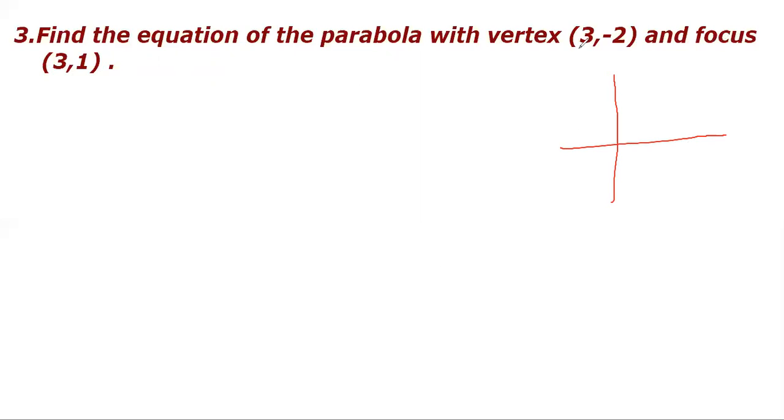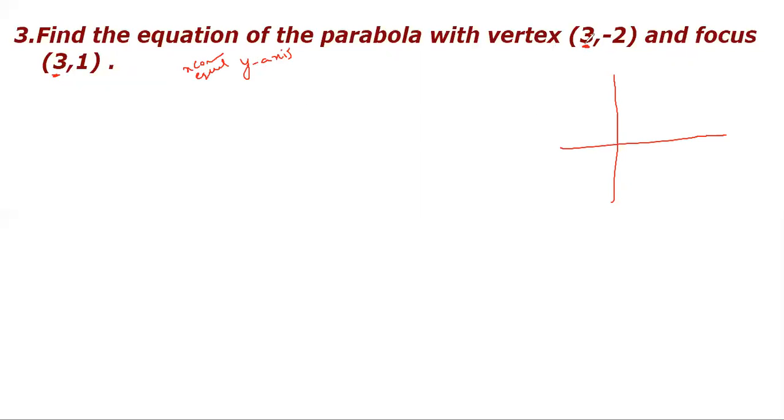From the vertex and the focus, the x coordinates are equal. If the x coordinates are equal, then the parabola is symmetrical about the y axis, parallel to the y axis.